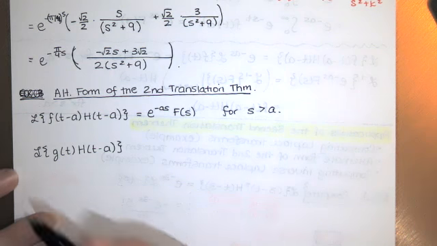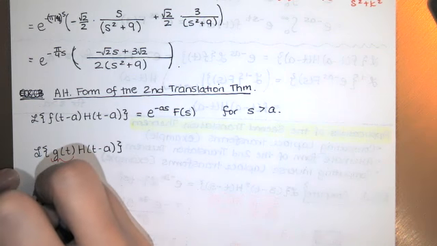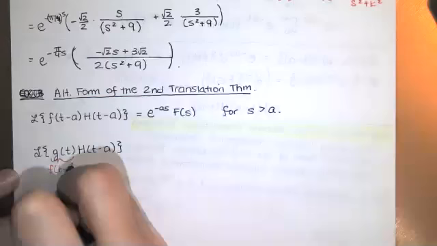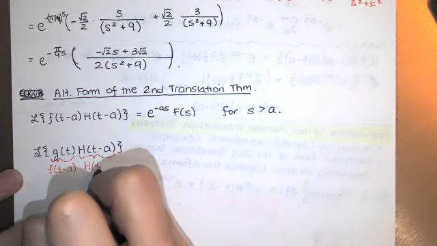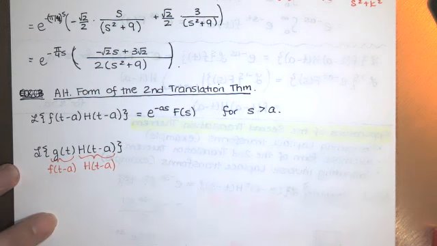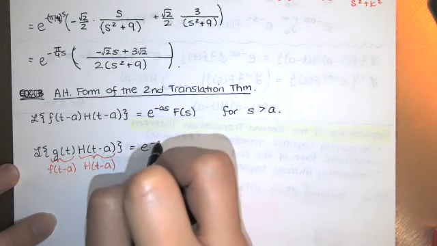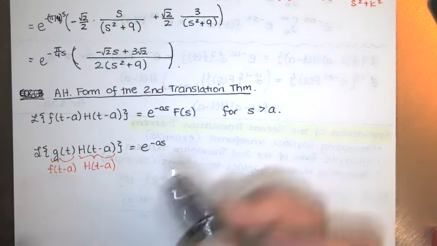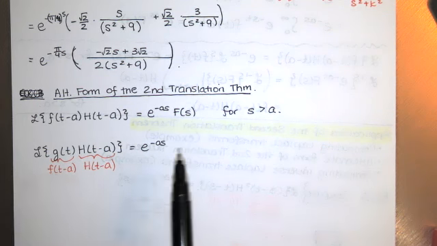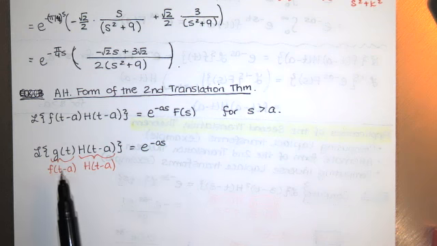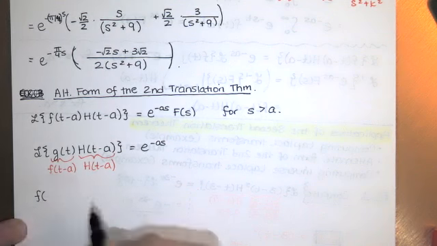Well, in that case, if we're pattern matching, whatever g of t is, that's going to be f of t minus a, and this is h of t minus a. So we would still get this e to the negative as over here. The question becomes, if f of t minus a is actually g of t, what should I be putting over here in terms of this function g? Well, let's think about it.